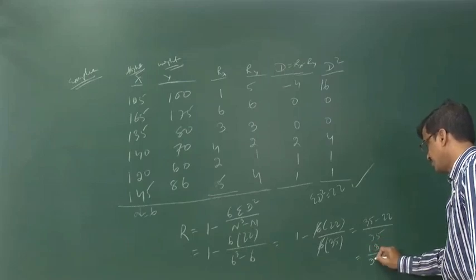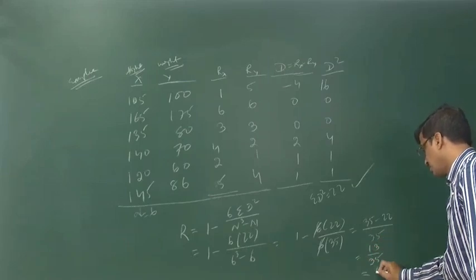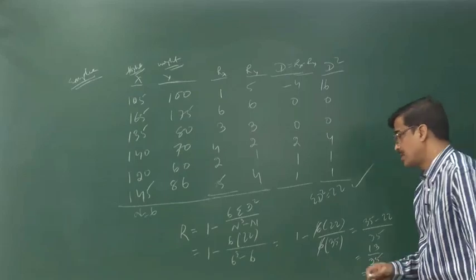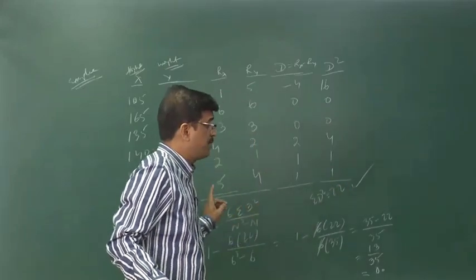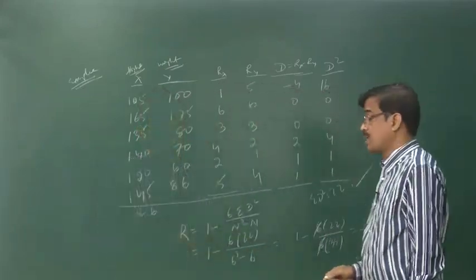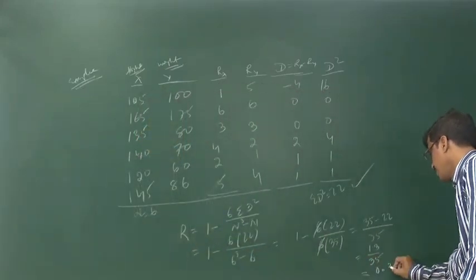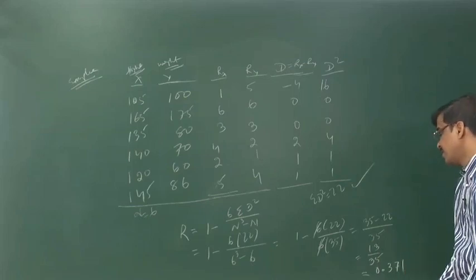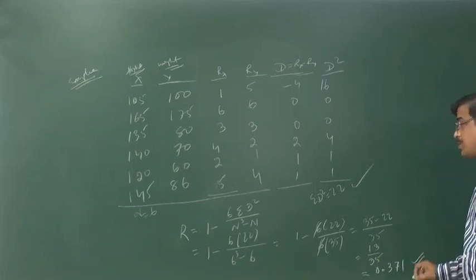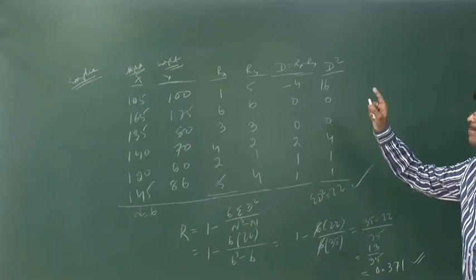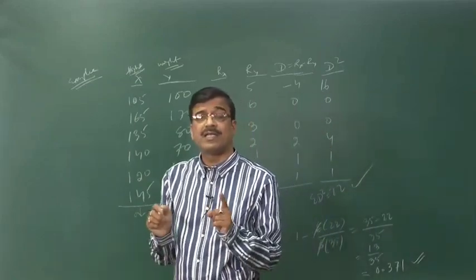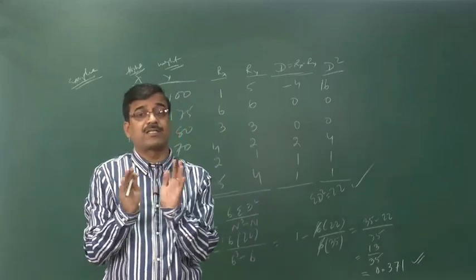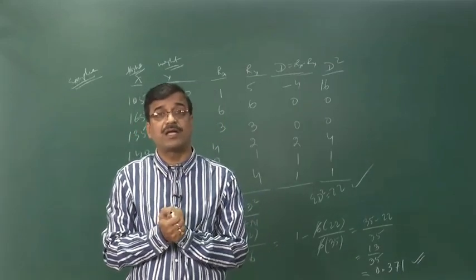13 divided by 35, you calculate the ratio, which is 0.371. So 0.371 is your rank correlation between the height and weight. That reflects, again, a positive relationship between height and weight.